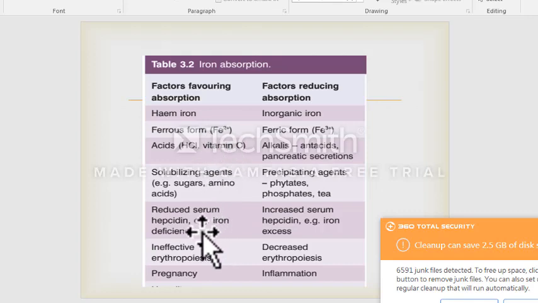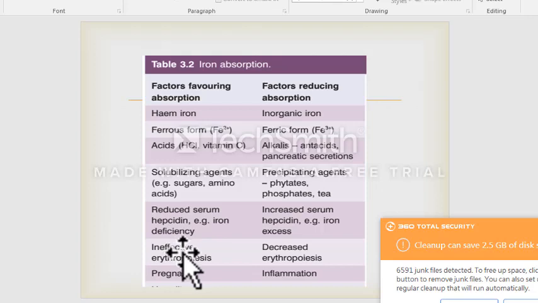In iron deficiency anemia, the level of hepcidin is also decreased, and hepcidin regulates the entry of iron into the peripheral circulation. Similarly, ineffective erythropoiesis. Ineffective erythropoiesis is that process in which the bone marrow is unable to produce mature cells into the peripheral circulation.